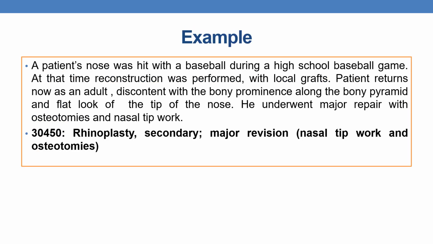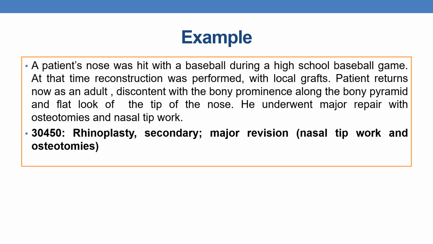Now let us see an example. A patient's nose was hit with a baseball during a high school baseball match. At that time, reconstruction was performed with local grafts, and the patient now returns as an adult. Discontent with the bony prominences along the bony pyramid and flat look of the tip of the nose, he underwent major repair with osteotomies and nasal tip work.